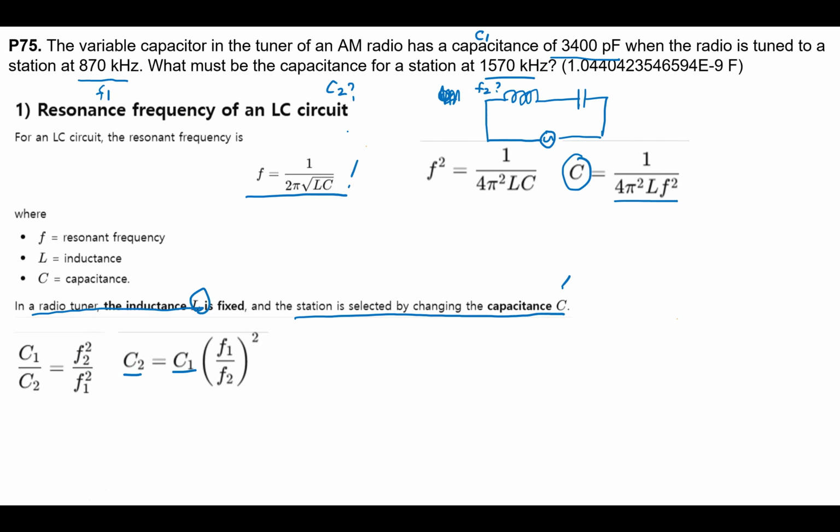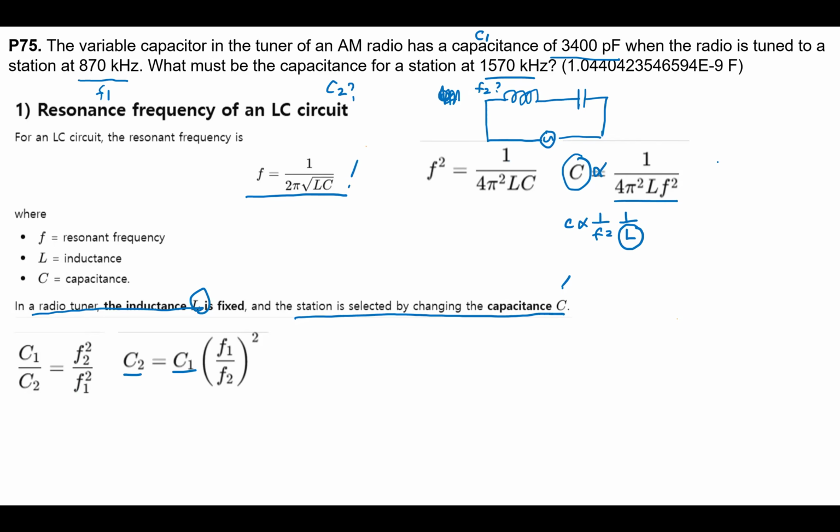So if you think about it, C is proportional to 1 over F squared, and there is a fixed L. So L doesn't change.